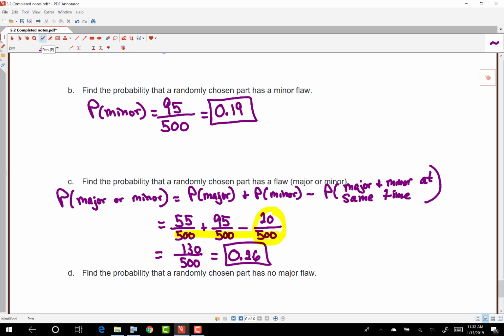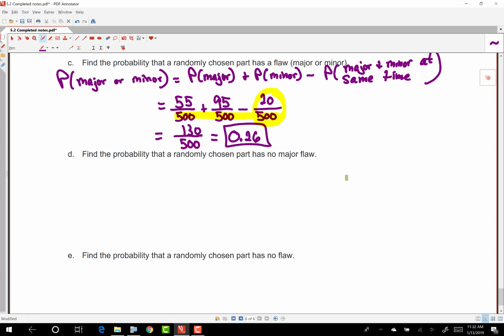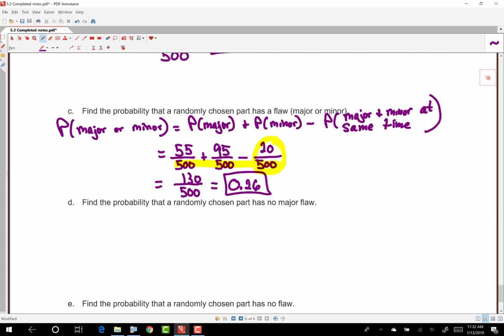All right, and then the last part, and I believe this is next to the last part, sorry, is find the probability that a randomly chosen part has no major flaw. So we want the probability of no major. Now we could do this directly and count how many don't have a major flaw, and that's fine.